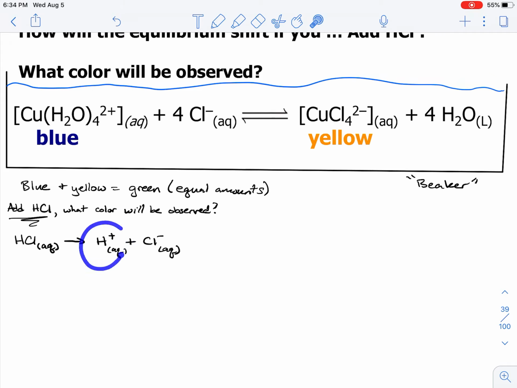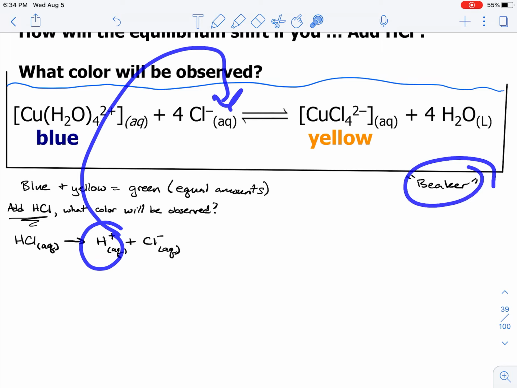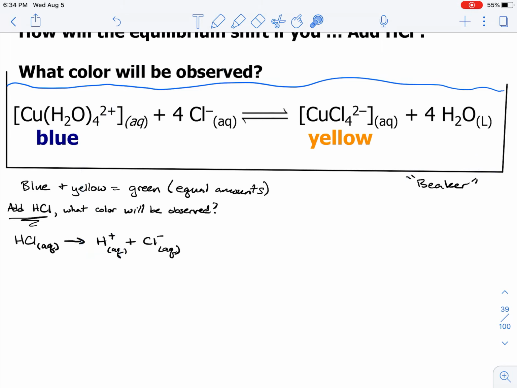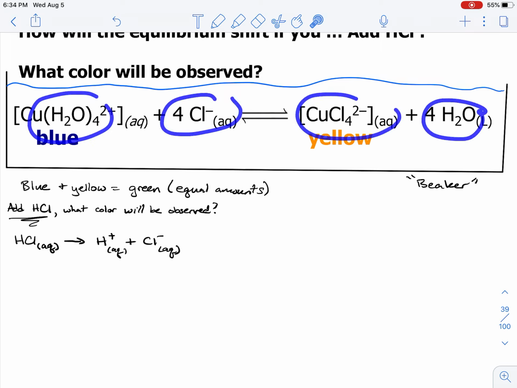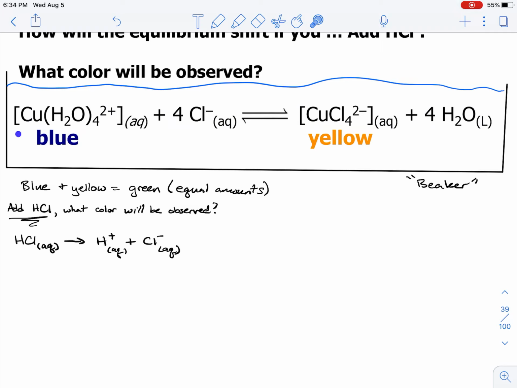If you add H plus into this beaker that's filled with this solution, it won't really affect the concentration of any of these, because the identity of these chemical formulas is not H plus. We're not adding H plus exclusively when we add HCl to this solution. We're also adding Cl minus.